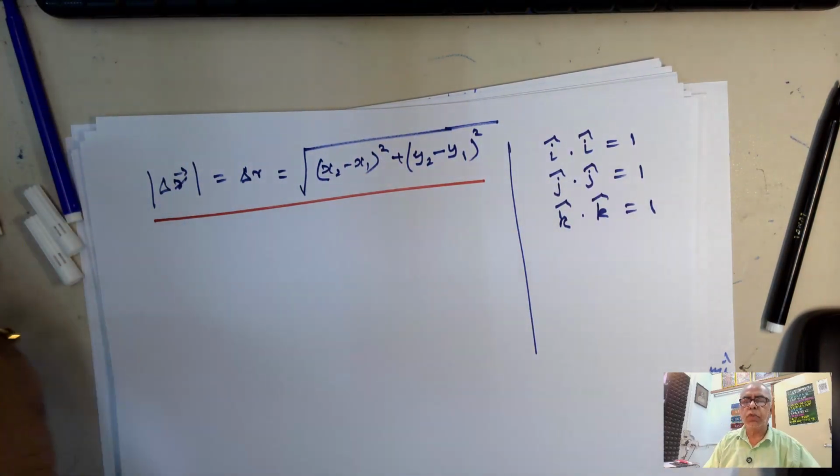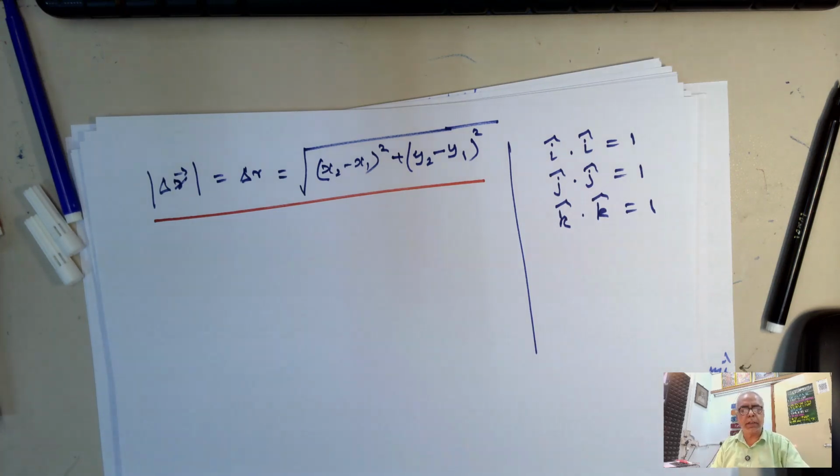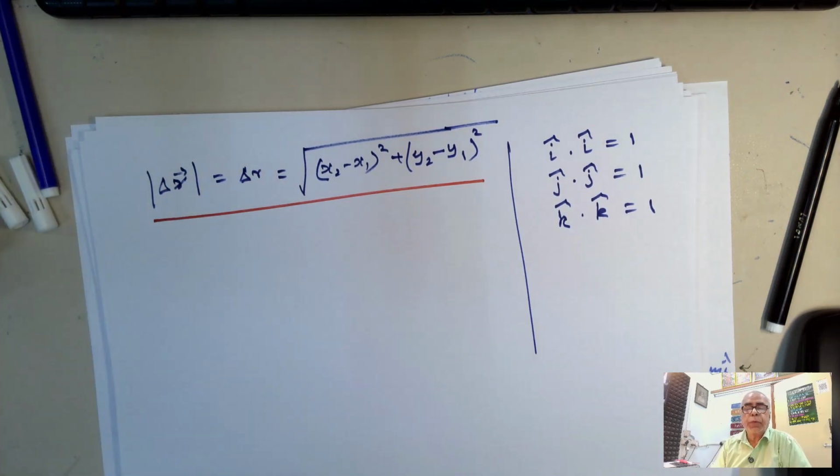Taking the square of this one, that is eliminated, because we know i squared means i cap squared, which always gives you 1. So I have removed this 1. Then the magnitude of displacement is either less than or equal to the path length of an object between the 2 points.